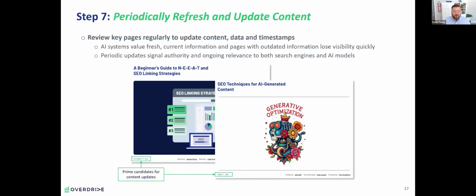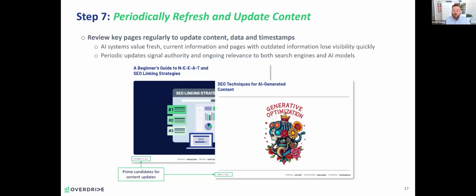So for this example, I pulled a couple of evergreen style pieces of content from our site that were written over a year ago or just under a year ago. If we want these two pieces to still be cited in these LLMs and still be relevant in the minds of these AI models, we need to update these pages.